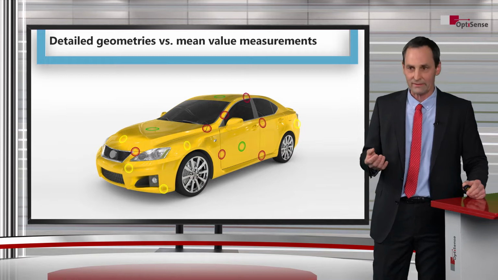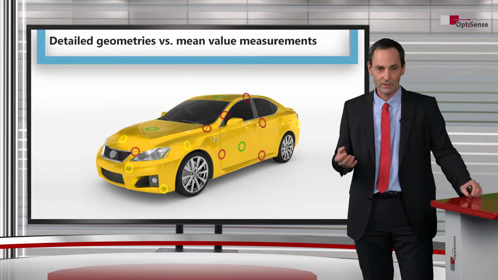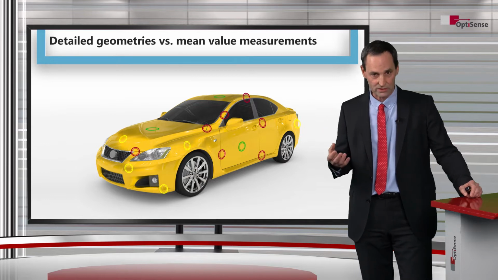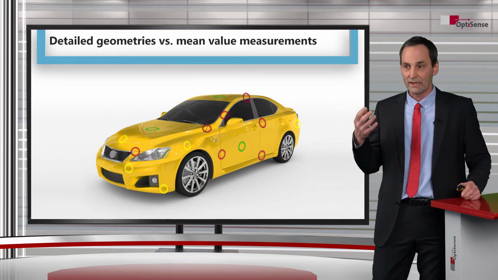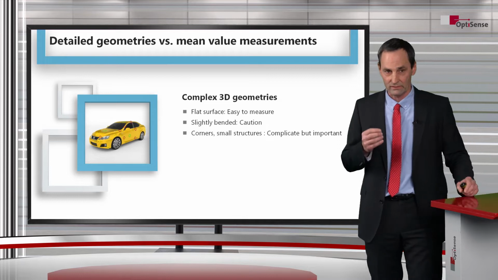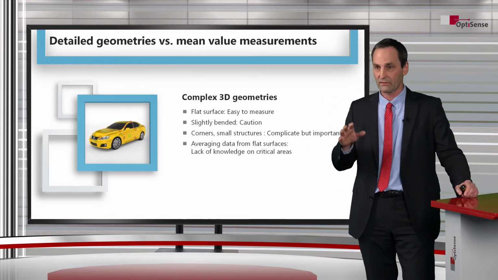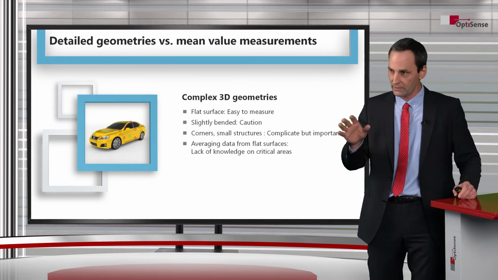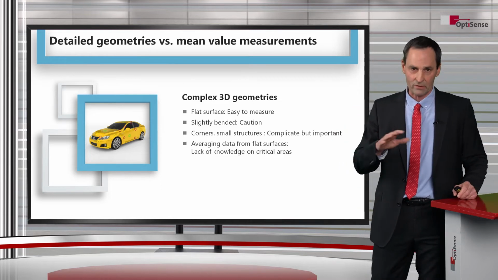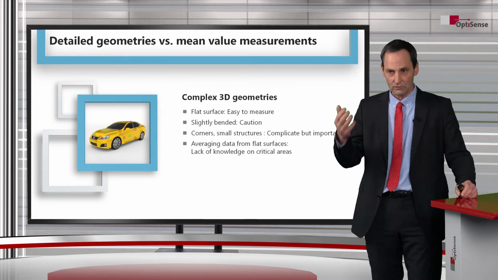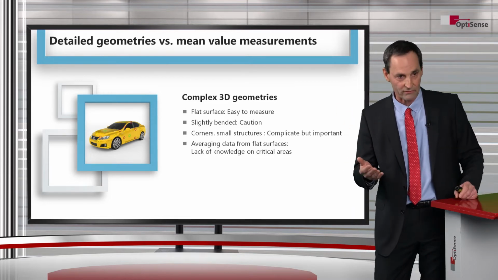And in the third step we have these red points. These are the real critical points. These are complicated to measure, but extremely important to measure. If you get the average of the flat surface, you know the mean value of what's happening on the coating. But to really sell this car, you have to know what's going on at the red curvatures.